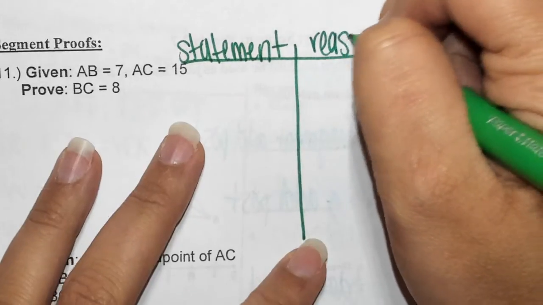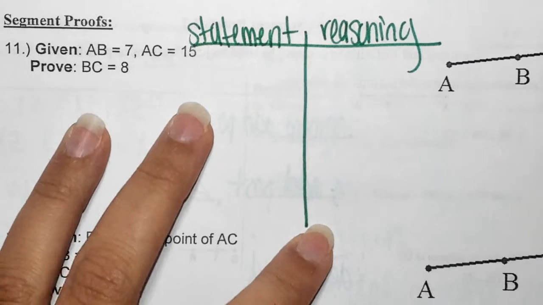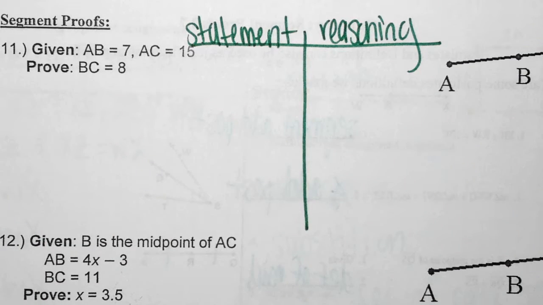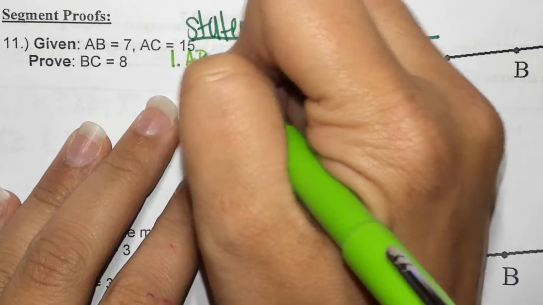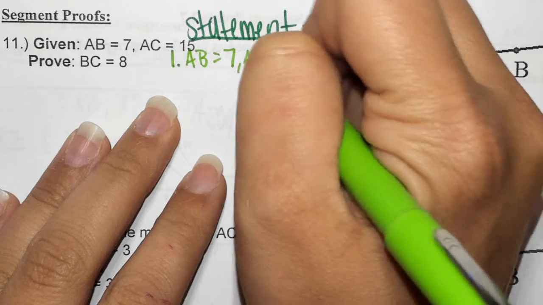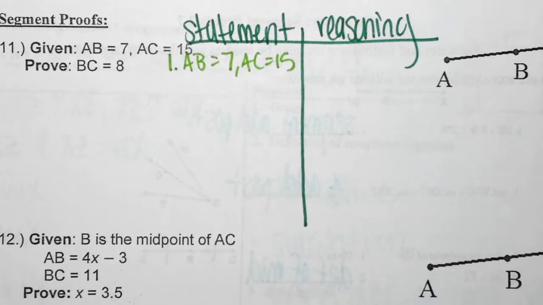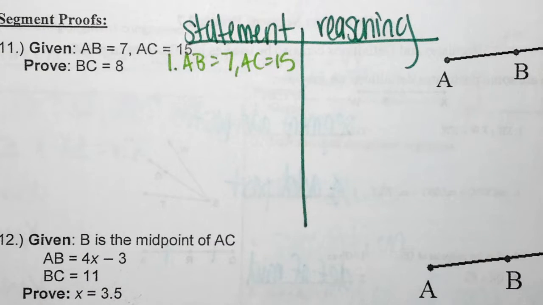Thank you. Okay. Now they give us that AB equals 7 and AC equals 15. So should we start with our given? Yeah. Okay. So let's start by saying that AB equals 7 and AC equals 15. And what reason would that be? Given.